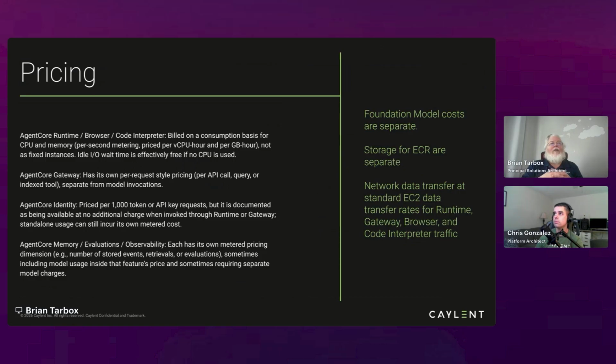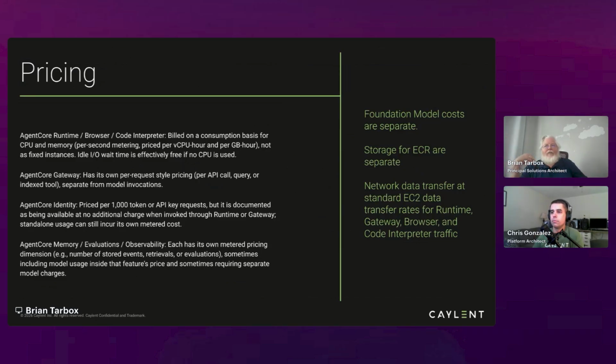The wait time is free. Gateway has its own pricing. Identity has its own pricing. Memory, which we haven't really talked about, has its own pricing. Your foundation model costs, of course, are separate. ECR storage is pretty inexpensive, but you do have to pay for that. And then there's all the network data transfer.